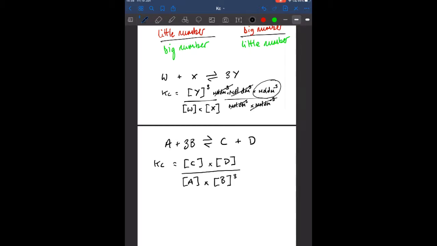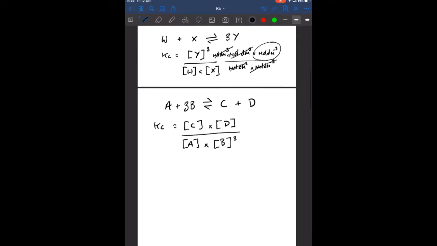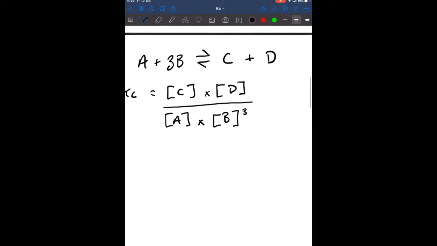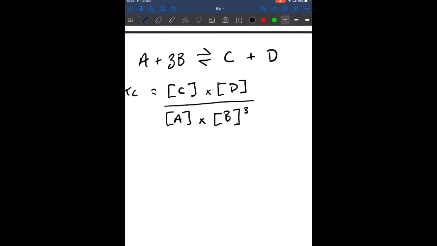Now, I know what you're thinking. Mr. Jenkins, you numpty, you've just given yourself a whole load of writing to do. You're absolutely right, I have, but I thought it would be a nice visual to help us here. So, zoom in, and I'm going to have to do a bit of smaller writing. So we have got moles per decimeter cubed times by moles per decimeter cubed. Now that wasn't too bad.